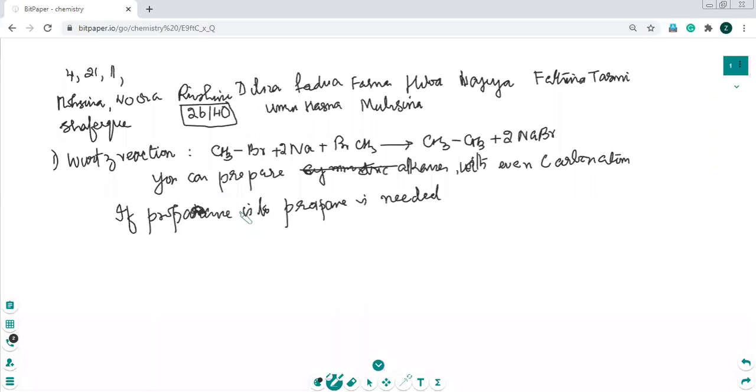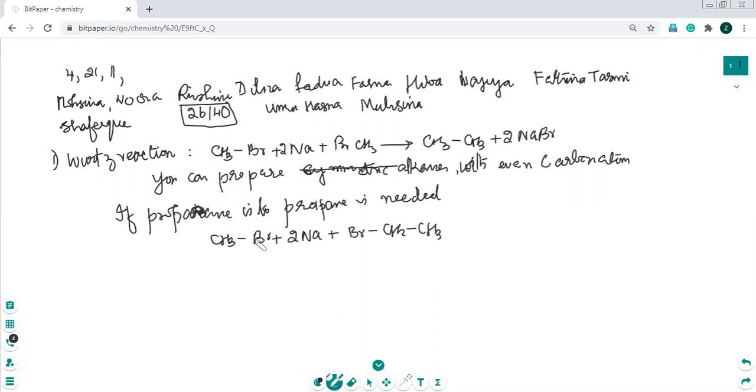Propane has 3 carbons. So what we can do is take 2 alkyl halides. Look here, CH3Br, then 2 molecules of Na, plus Br CH2CH3. Now you take it this way.